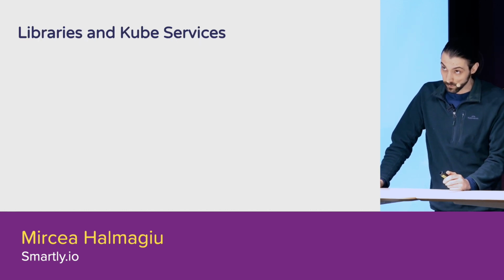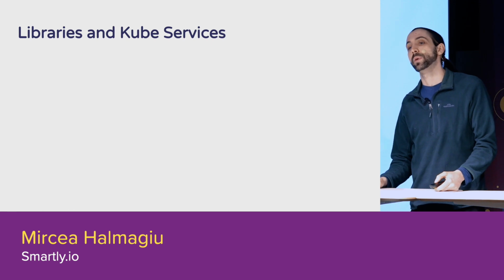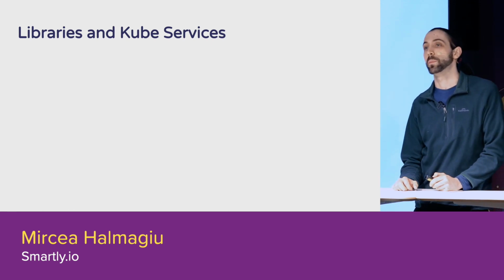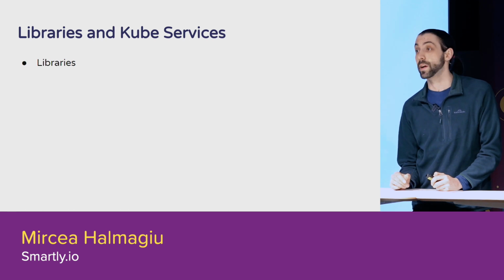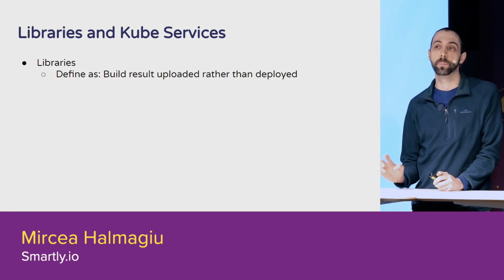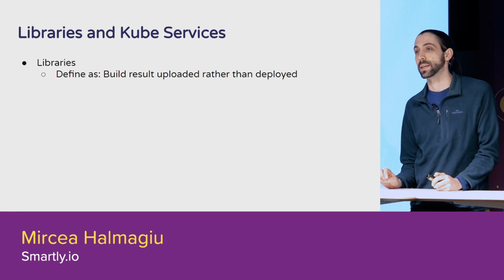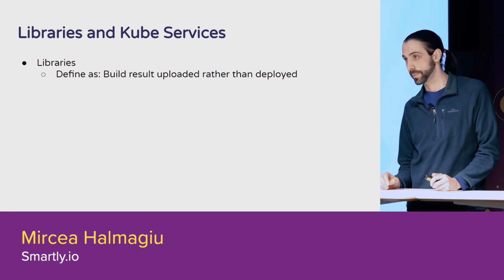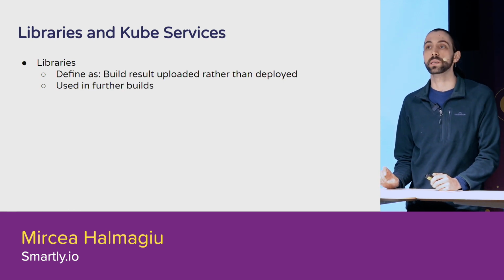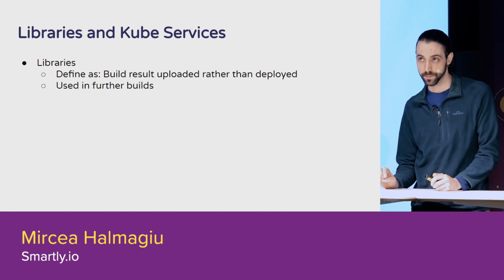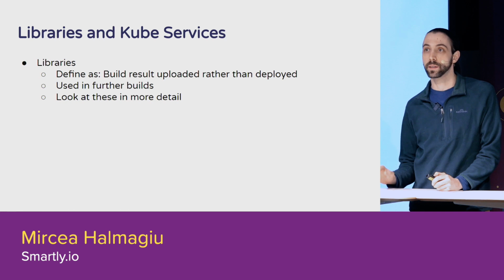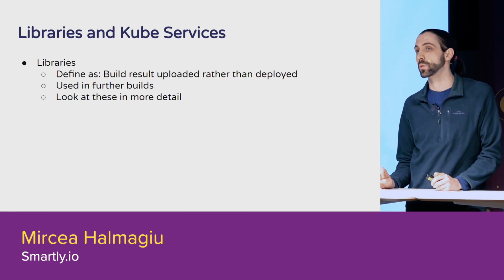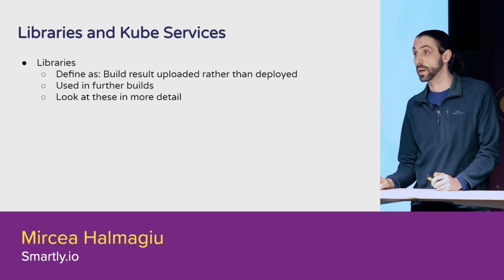So let's talk a little bit about libraries and Kube services and some of the specific problems involved. So libraries, and we're going to define libraries as a build that results in an uploaded asset rather than something that is deployed. And we usually use these assets for further builds. We're going to look at these in more detail in a second, and this is where the example comes in, so I'm not going to talk too much more about these.